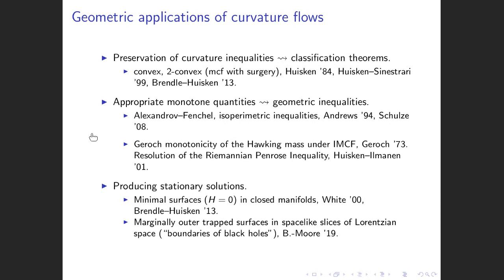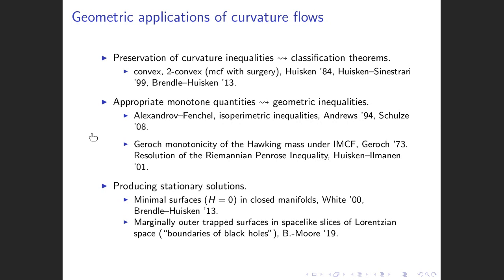A third application is producing stationary solutions. So minimal surfaces, when I take surfaces that have mean curvature equal to 0, they are stationary under the flow. Okay, the speed is equal to 0. So these surfaces can be produced if I start with any surface, and I can show that I can flow by mean curvature flow for all time, then the limit will be a minimal surface.